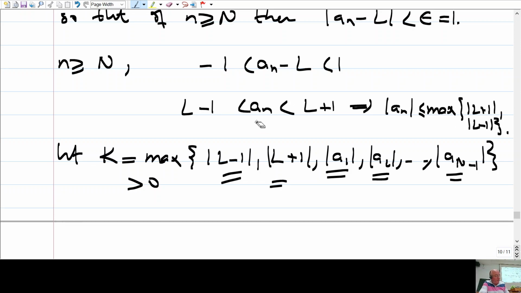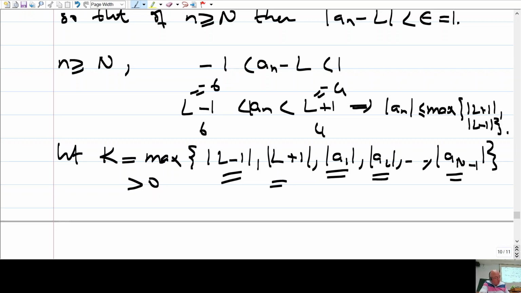If a_n is between these two numbers, then its absolute value will be less than the maximum of the absolute values of these. For example, suppose L is minus 5. Then this is minus 6, and this is minus 4. The absolute value of this will be 6, the absolute value of this will be 4.